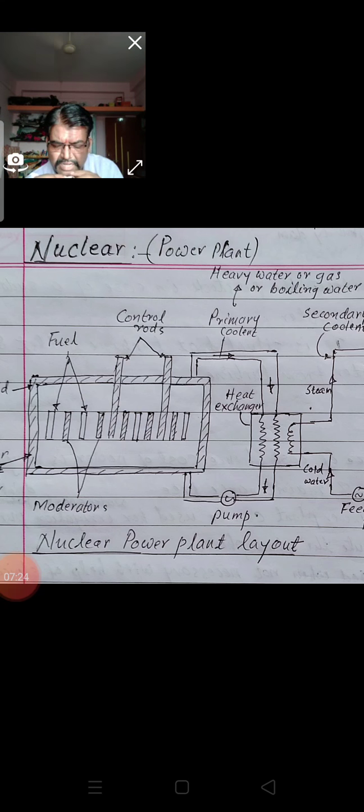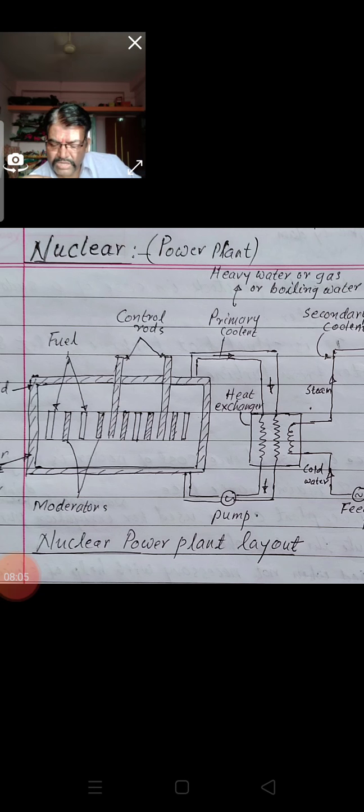Matter consists of minute particles known as atoms. These atoms have very high binding energy. By introducing a neutron to enter a heavy nucleus like uranium, the nucleus is split into two or more light nuclei which have combined mass less than that of the original nucleus.